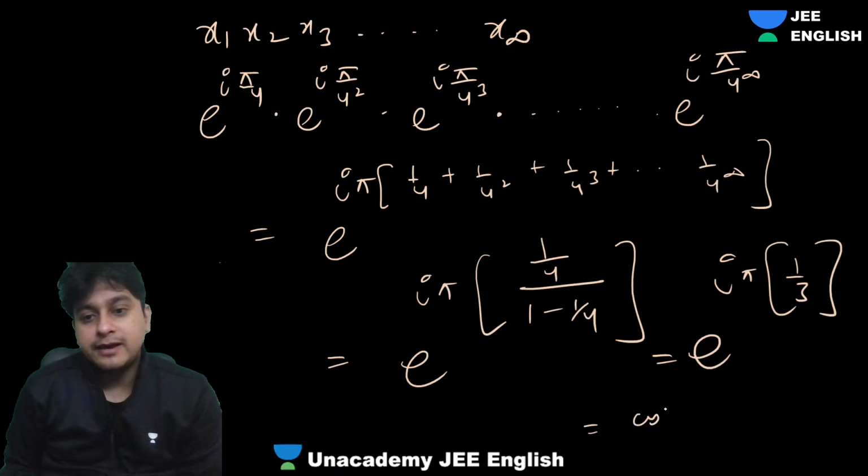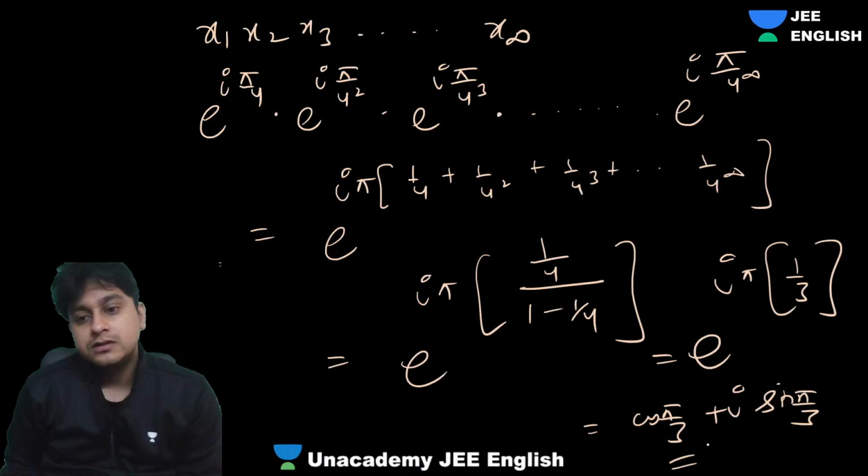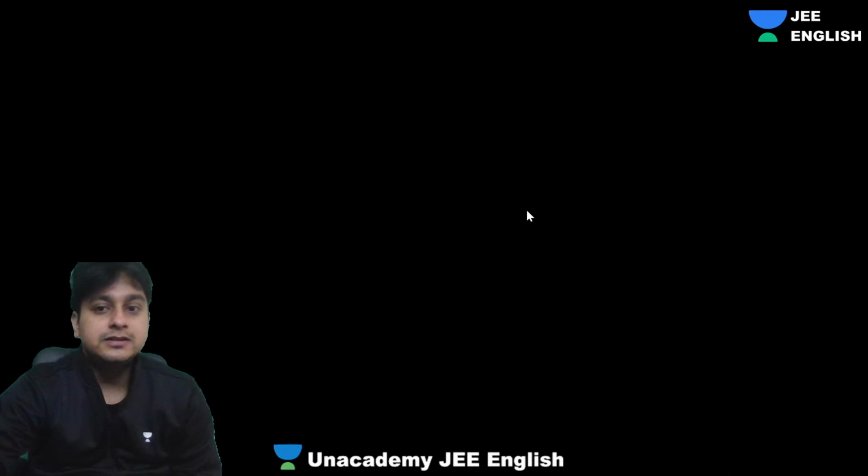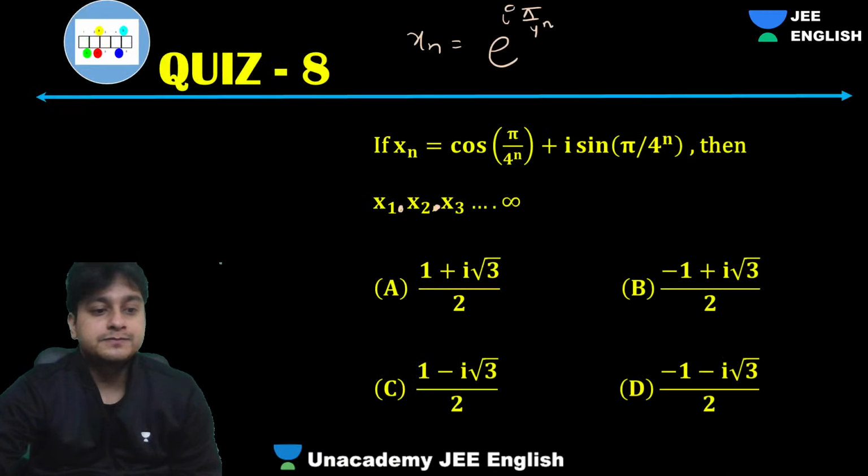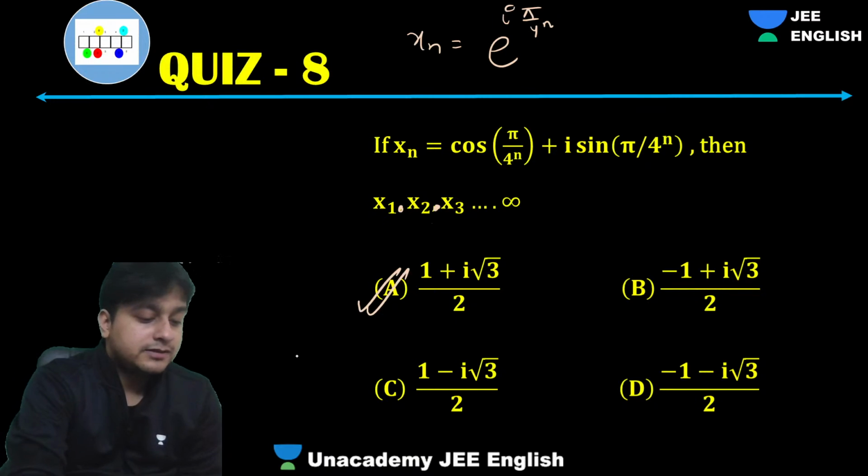Very good, Sakshi. Which is cos pi by 3 plus iota sin pi by 3, which is 1 by 2 plus root 3 iota by 2. That's the answer. Amazing. Chalo guys, next problem.